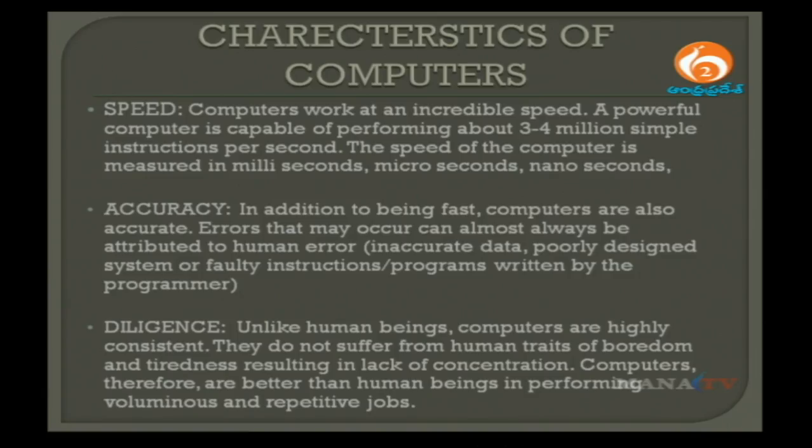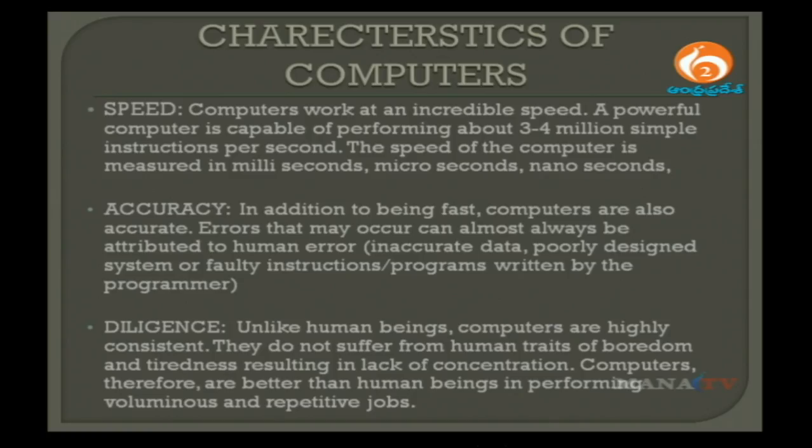And the speed of the computer is measured in milliseconds, microseconds, nanoseconds. Though we calculate our time in hours, minutes, seconds, the computer calculates its time in seconds, milliseconds, microseconds, nanoseconds, which is so deep into seconds, isn't it? So it is very fast, remember that, right?